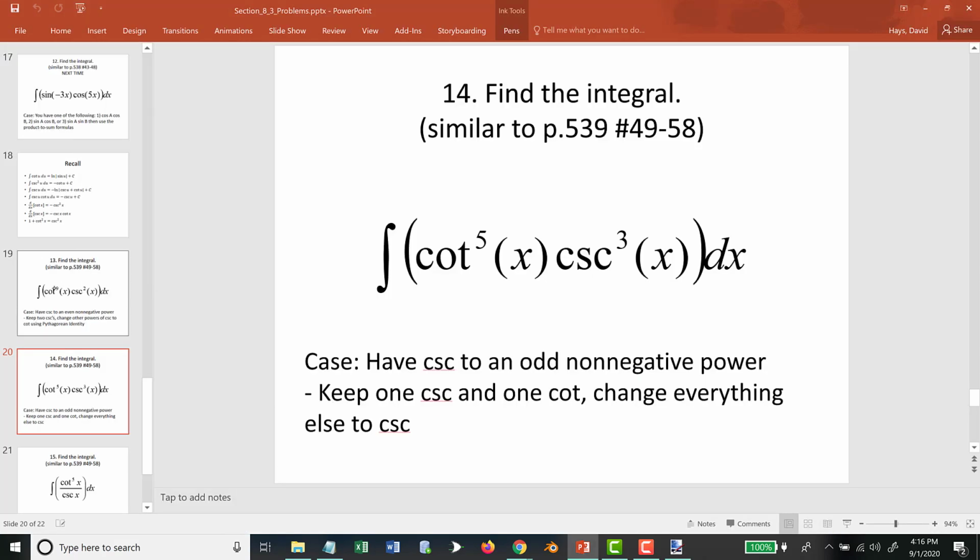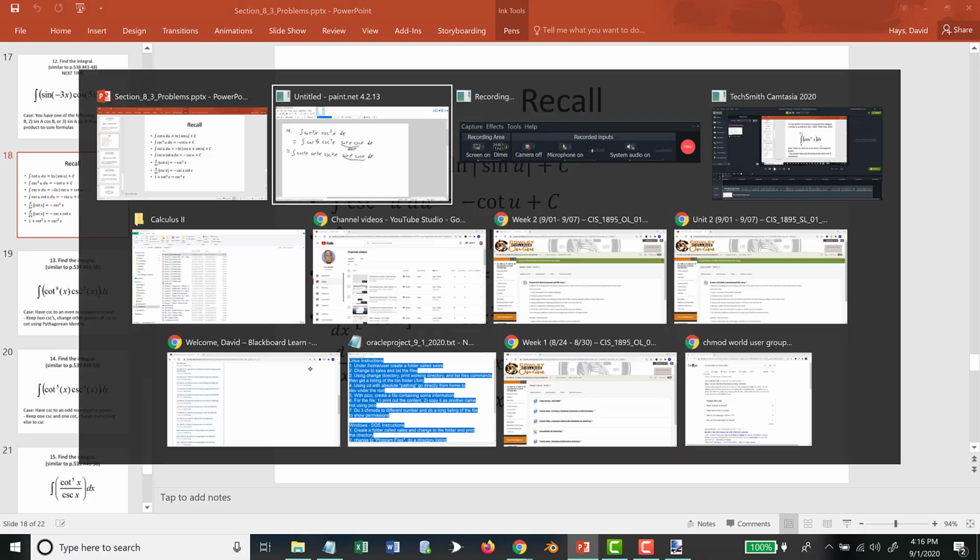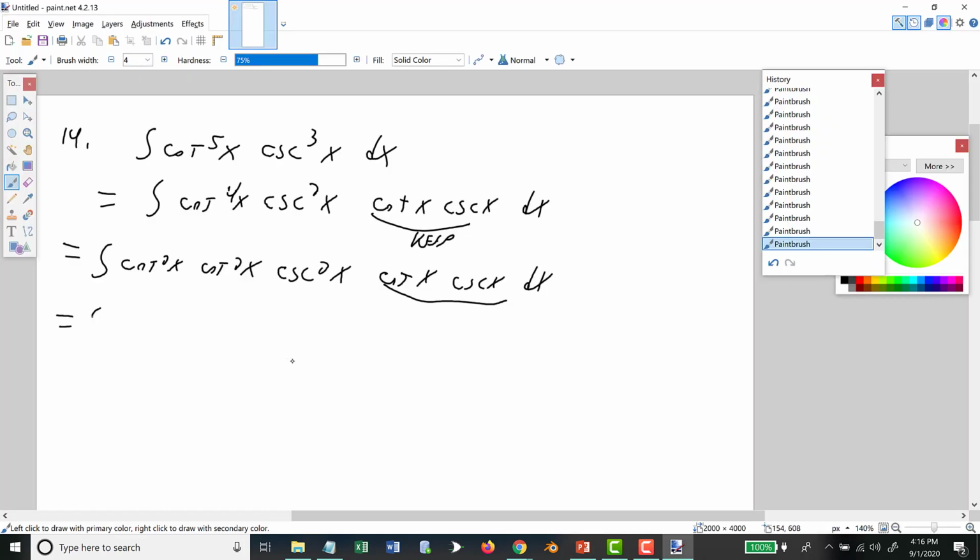Now, cotangent squared, if I take the 1 over, is equal to cosecant squared minus 1. So this becomes cosecant squared minus 1 times cosecant squared minus 1 times cosecant squared, and then my keeper, cotangent cosecant dx.